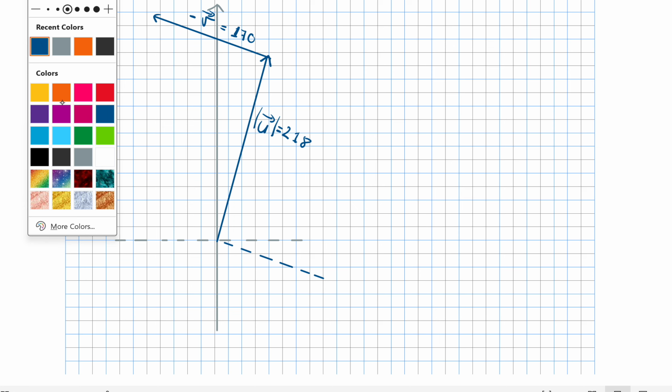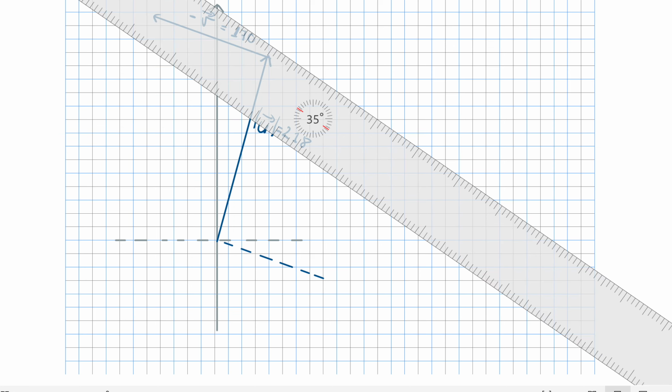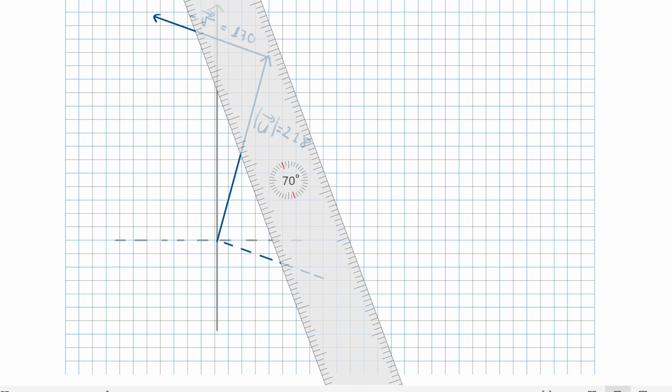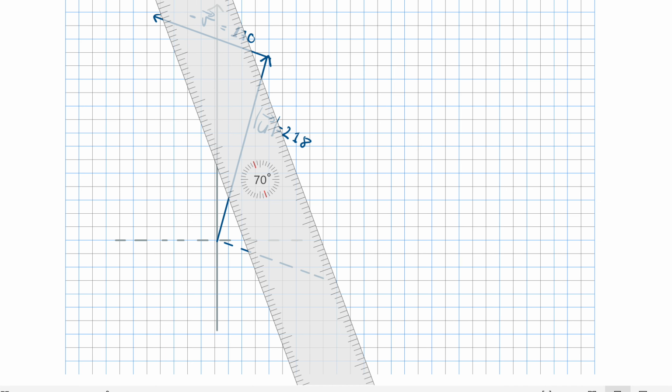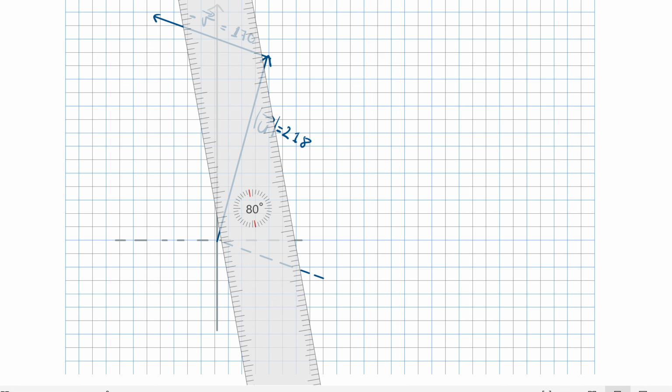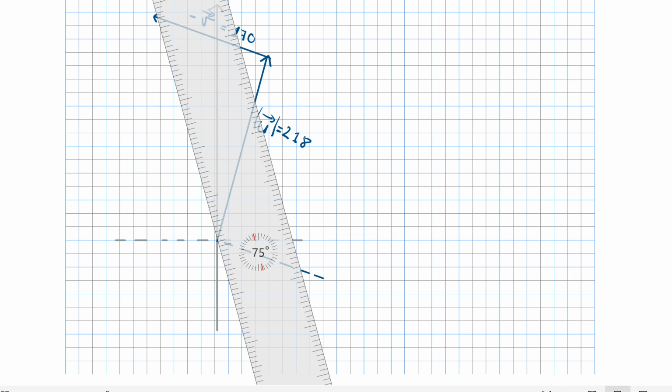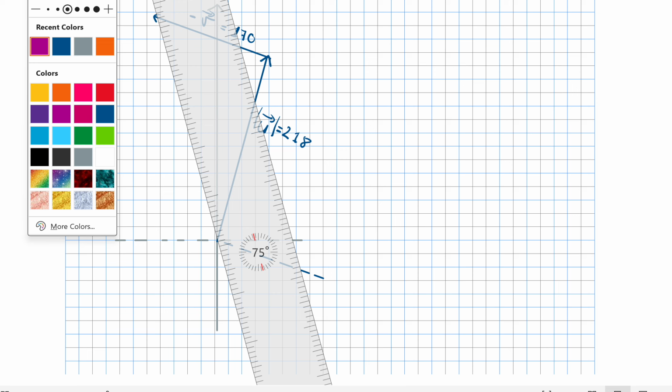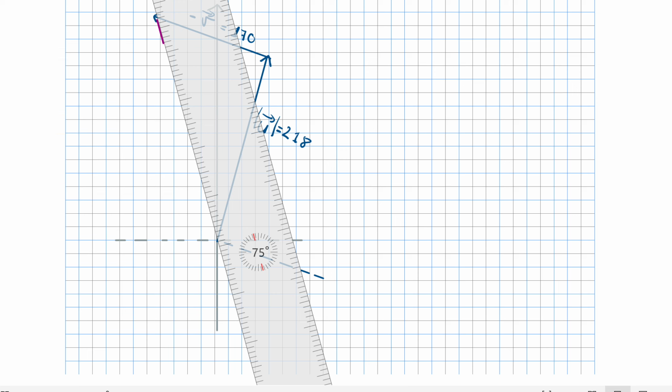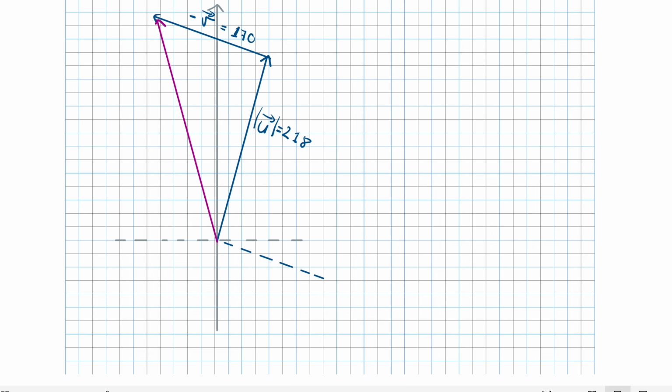So u minus v will then give me that new vector, w, which is what we need to find info about. And so w will be this one right there. And that's u minus v.